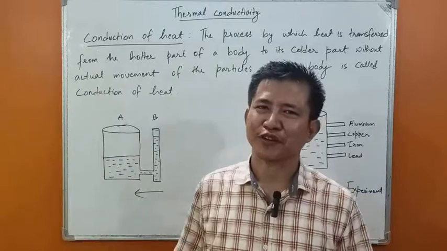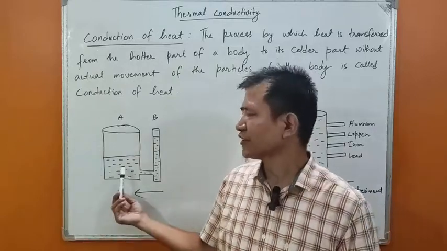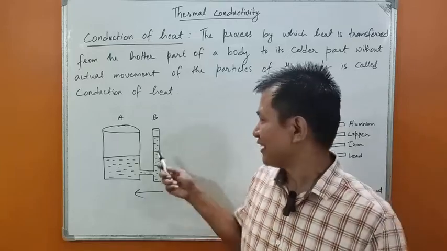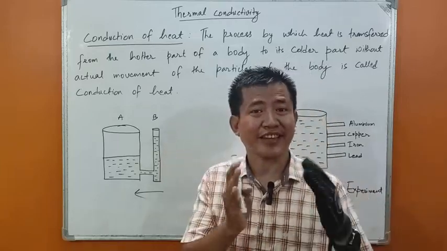This observation concludes that it is not the quantity of water that determines the direction of flow of water. It is the level of water that determines the direction of flow of water.